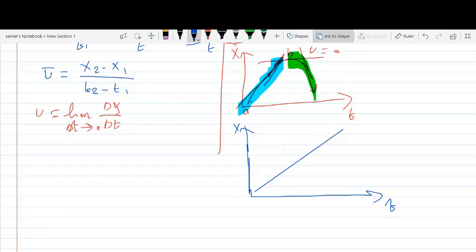So because the slope is constant at any point here, the velocity at any point on this graph is constant.